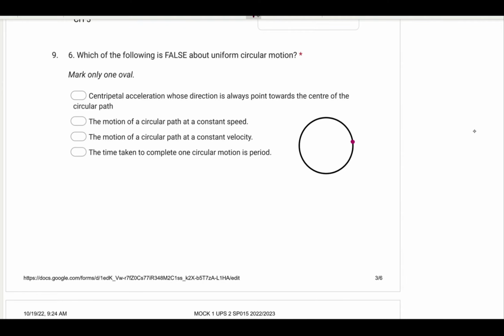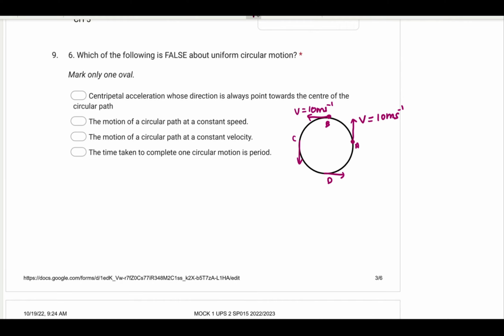So let's say here we have the velocity, okay, and the magnitude is equal to 10 meter per second. But the direction at point A here is upward. But when the object reaches point B, you can see here, okay, the magnitude of the velocity is constant, but the direction is to the left. Remember that the direction of the velocity must be tangential to the circle.